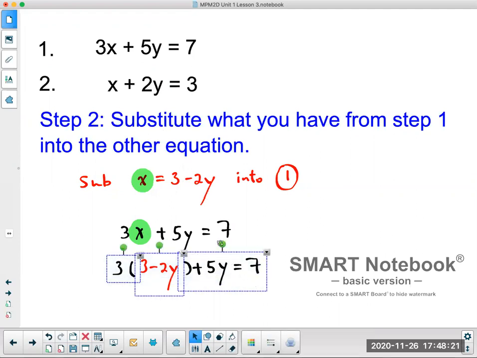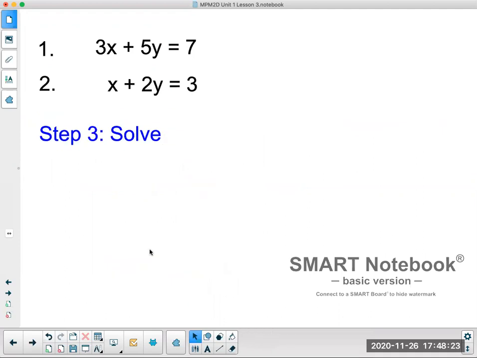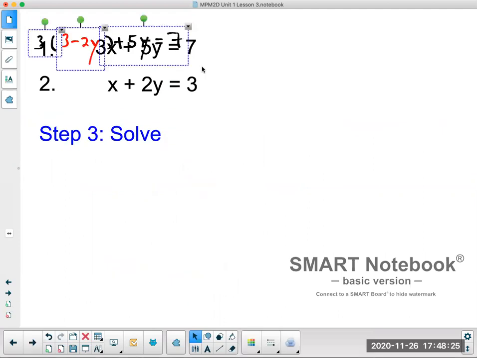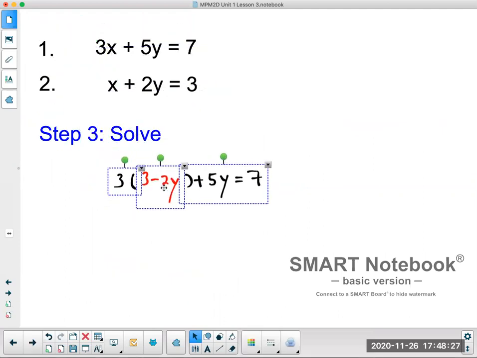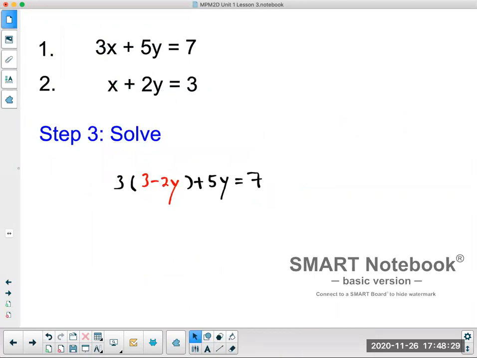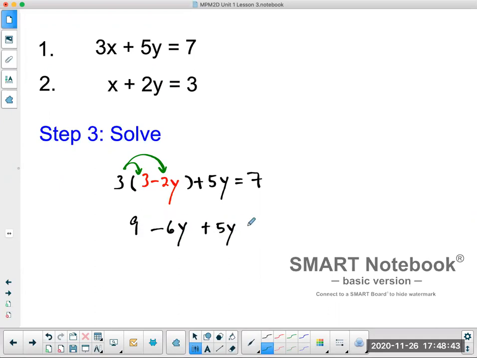Okay, now we move on to the third step. The third step is really just solving this linear equation. To solve this linear equation, we have to do distributive law. So 3 times 3, 3 multiplied by negative 2y. I'm going to get 9 minus 6y plus 5y equal 7.